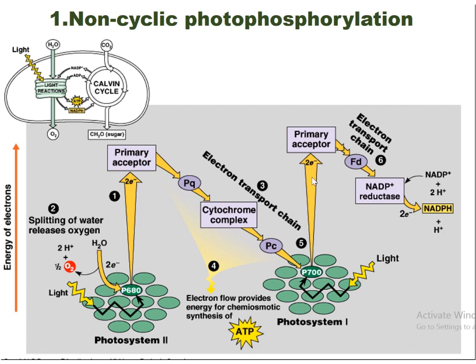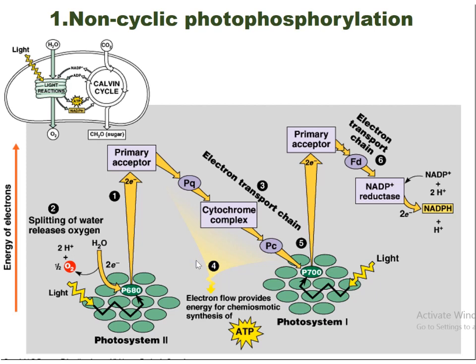So the non-cyclic process is also called the Z scheme of electron transport. Okay. So this non-cyclic photophosphorylation reaction takes place in the grana of chloroplast, and it requires participation of both photosystem 1 and photosystem 2. The transfer of electrons through the electron transport system is actually unidirectional. See here, the unidirectional or non-cyclic.